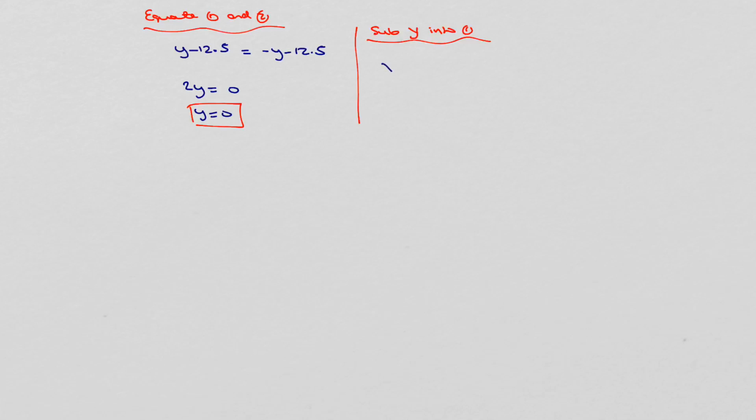Well, it gives me x is equal to 0 minus 12.5. So x is minus 12.5. So therefore that tells me then that the velocity of the wind, which is xi plus yj, is going to be minus 12.5i plus 0j.